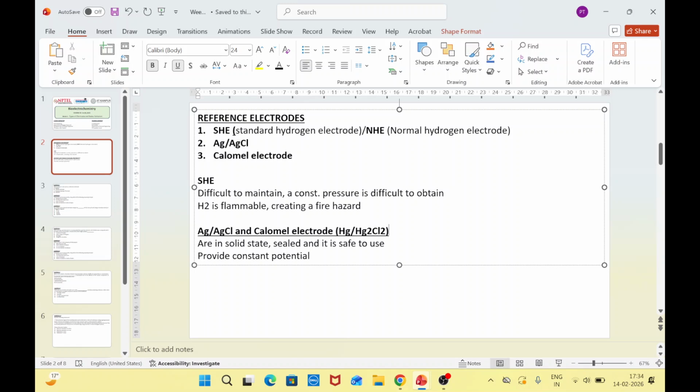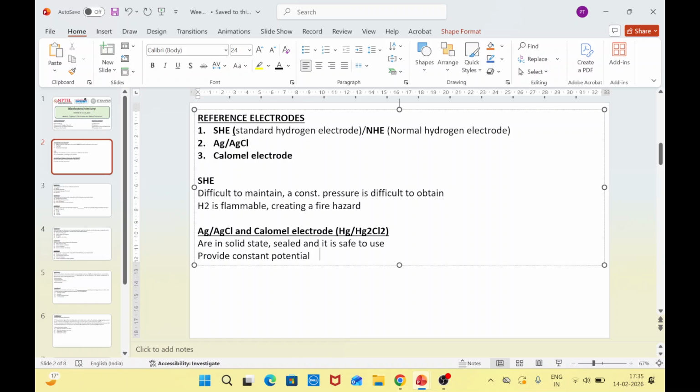It is primarily based on mercury. So this is the chemical composition of the calomel electrode, just in case some of you don't have any idea on this. So the calomel electrode is based on Hg, Hg2Cl2.